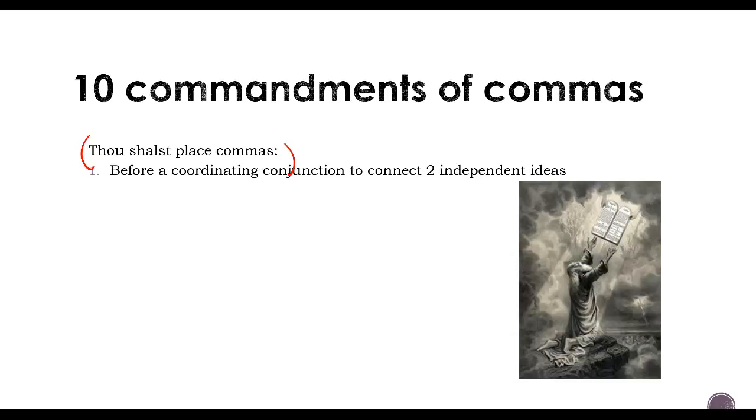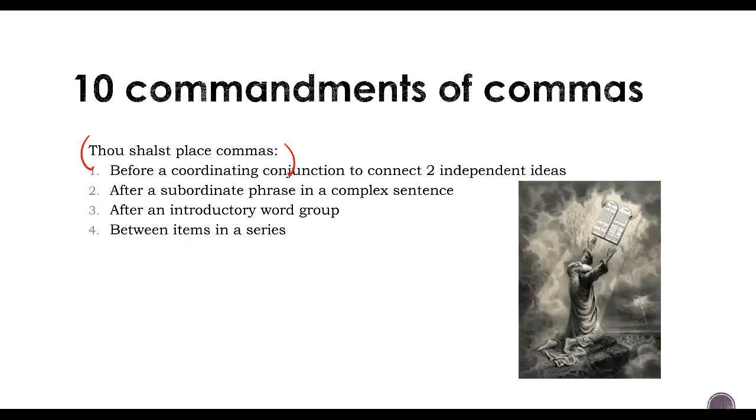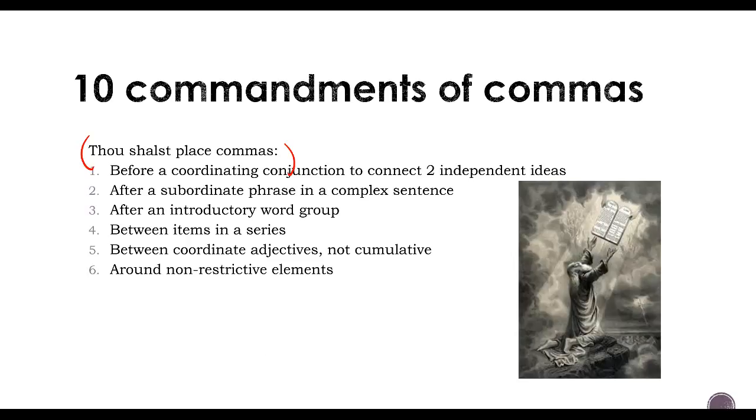Before a coordinating conjunction to connect two independent ideas. You might remember that from Grammar Lesson 1. After a subordinate phrase in a complex sentence. You might remember that from Lesson 1 as well. After an introductory word group. Between items in a series. Between coordinate adjectives, not cumulative. Around non-restrictive elements.